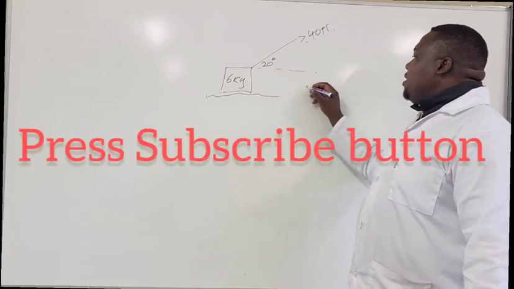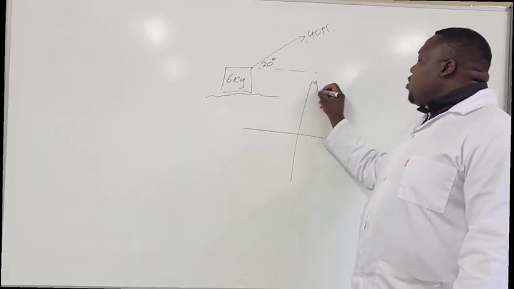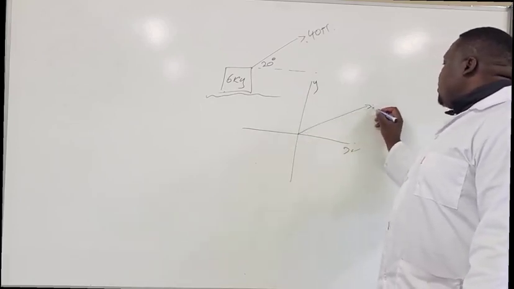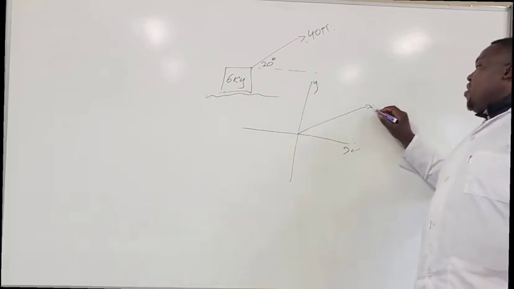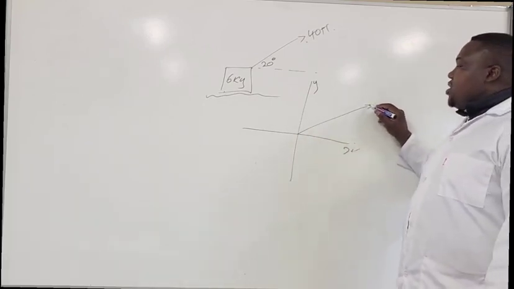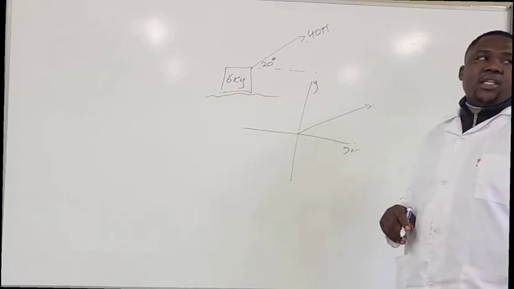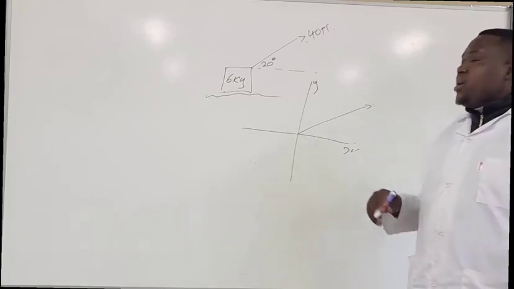I can liken that to this. When we have a Cartesian plane, y and x, then we've got a radius, then we've got the line which is like this. You usually come across this in trigonometry. So that's what we have here.